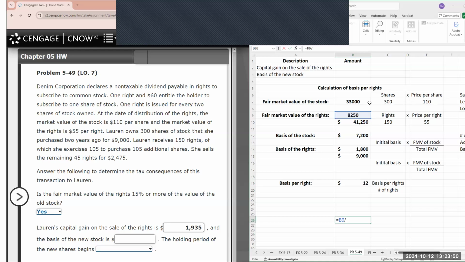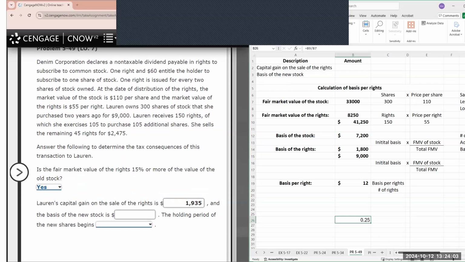So the fair market value of the rights, 8,250 divided by the fair market value of the stock, 33,000, gives us 25%. So therefore, the answer to this is yes.